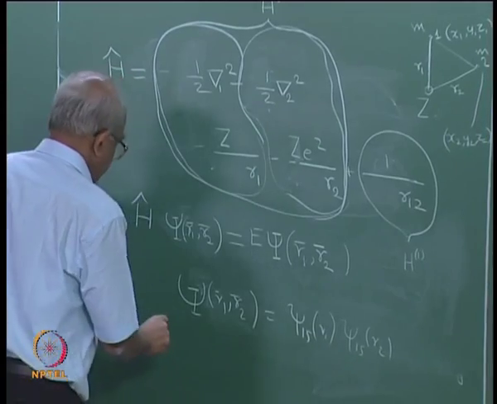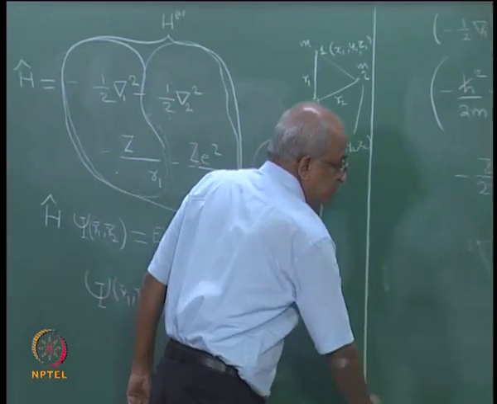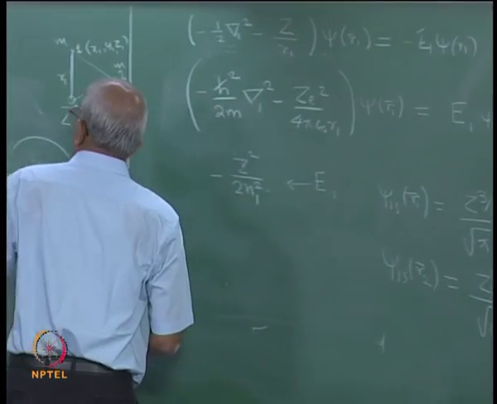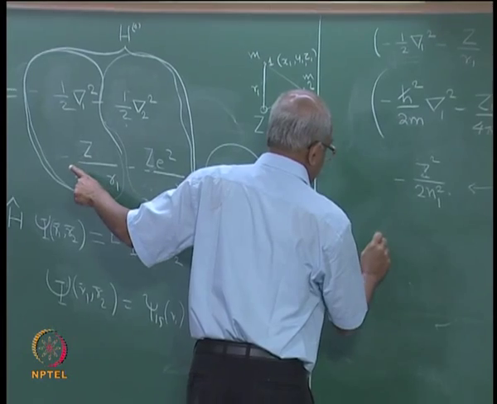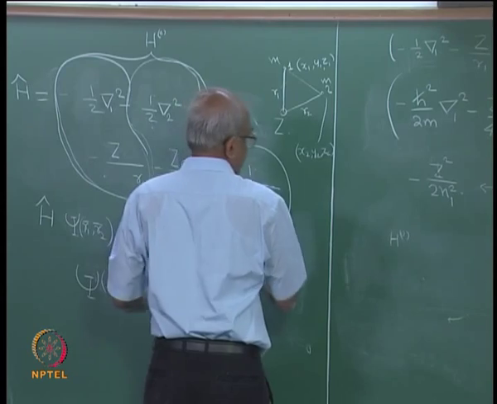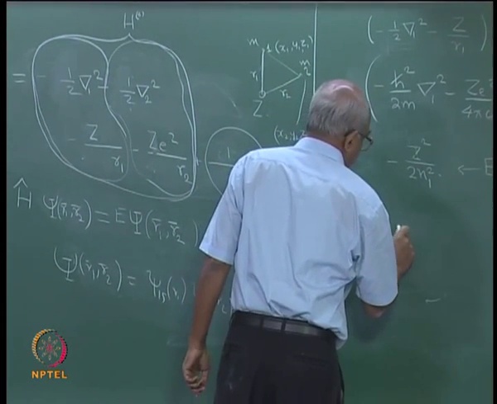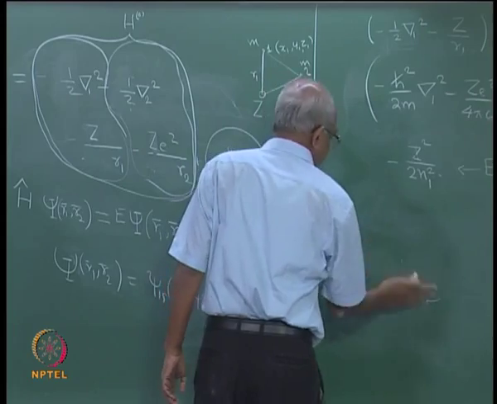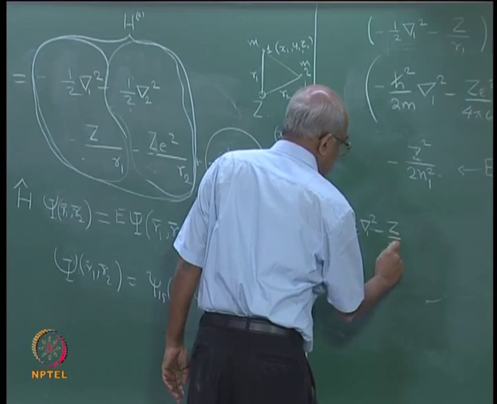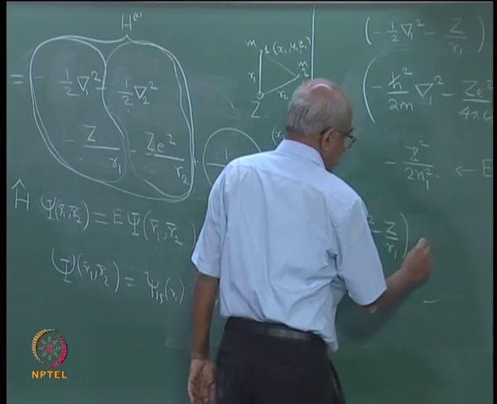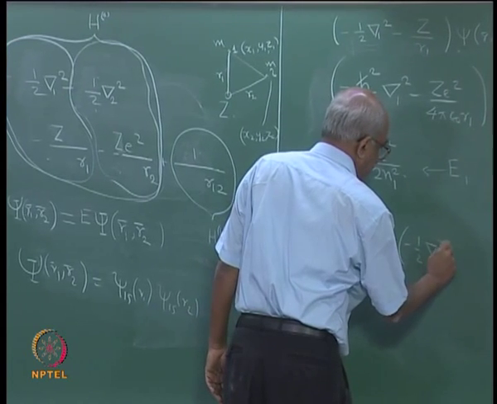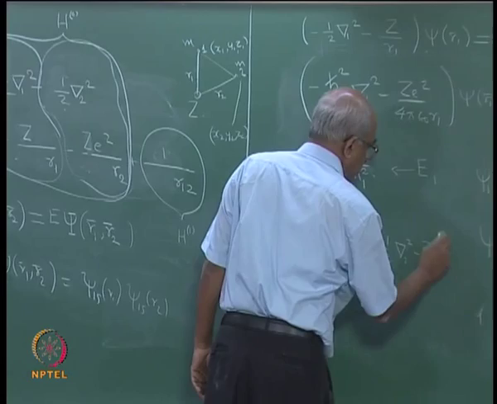I say I have H0. H0 is actually the sum of this set of terms and this set of terms. So, maybe I should write it in detail: minus 1 by 2 del 1 square minus Z by R1, that is electron 1, plus minus 1 by 2 del 2 square minus Z by R2, right.